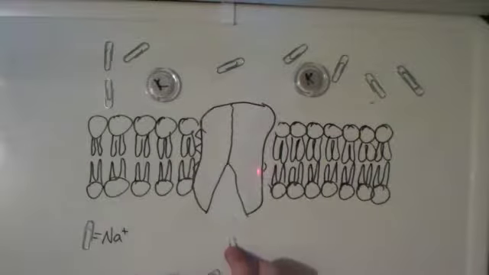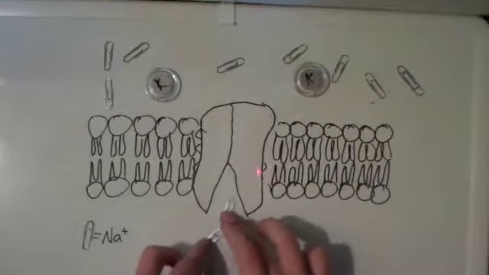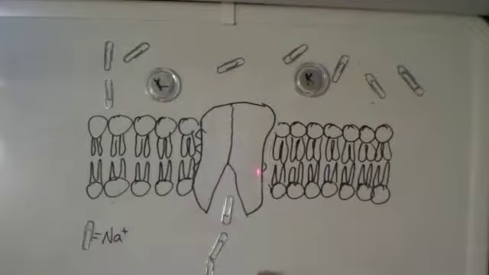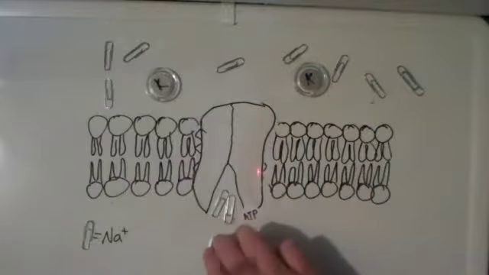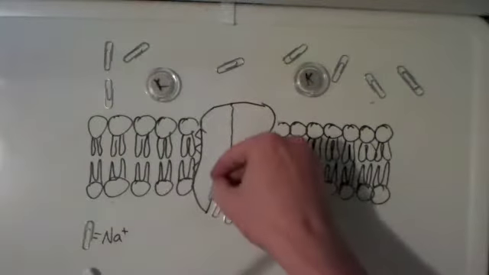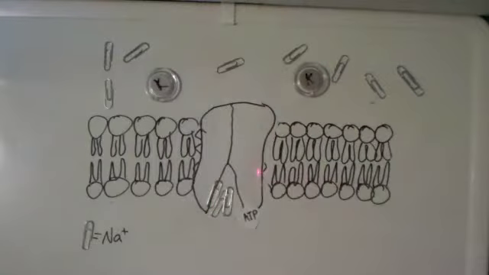Well, you take these little sodiums and you add ATP, or adenosine triphosphate. This is the cell's energy. This is going to create a conformation change. These guys are going to go inside this protein.